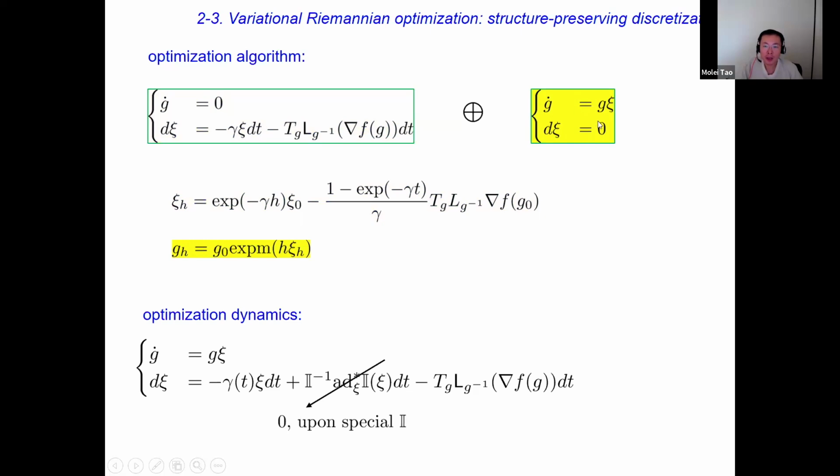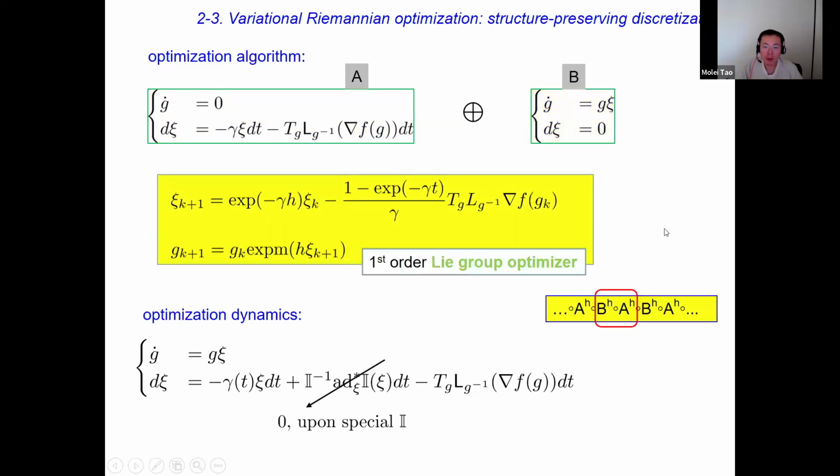So you can write down the analytical solution to this dynamics, and then you basically do h time evolution of the first dynamics, h time evolution of the second dynamics, and then you iterate. This is called an operator splitting scheme. By this iteration, we go from k to k plus 1 first in C, and then from k in G and k plus 1 in C to G at k plus 1, so we can iterate.